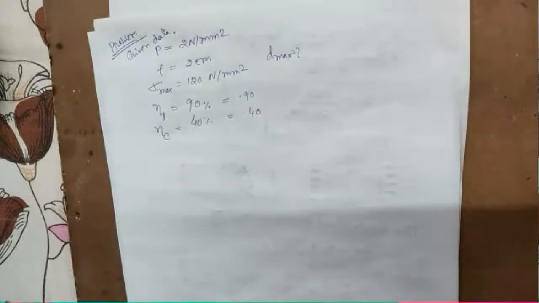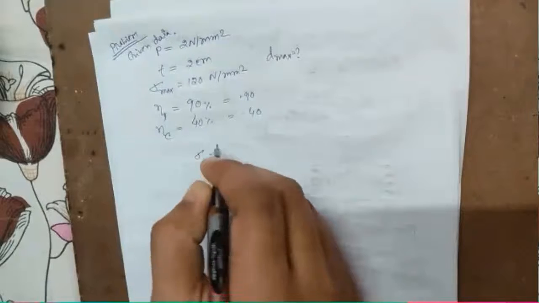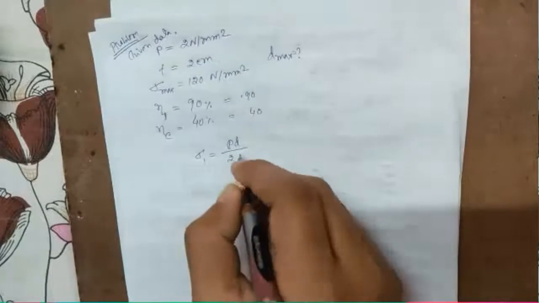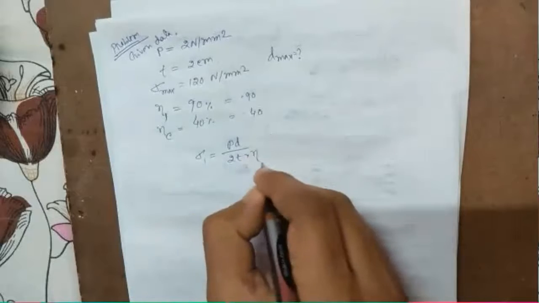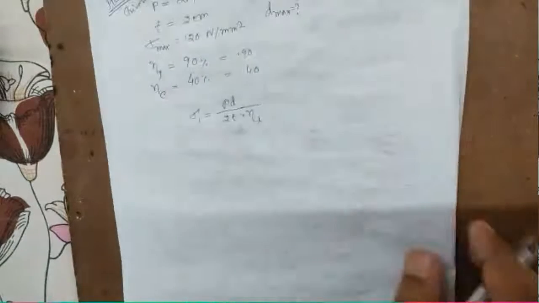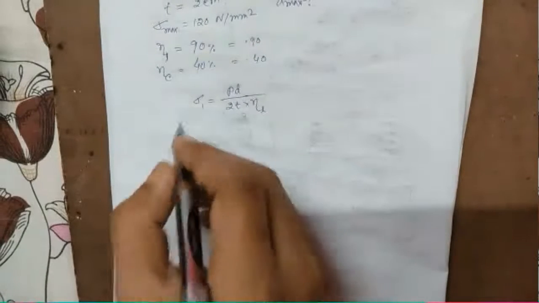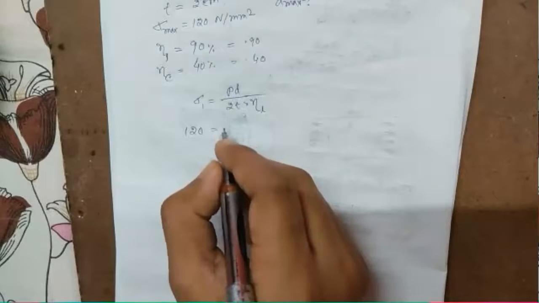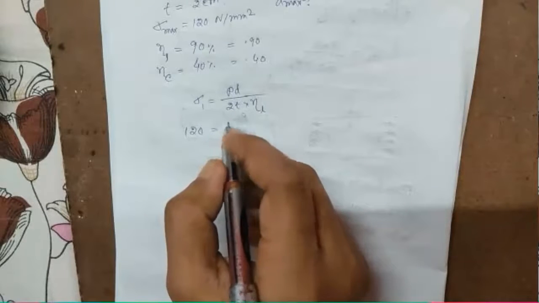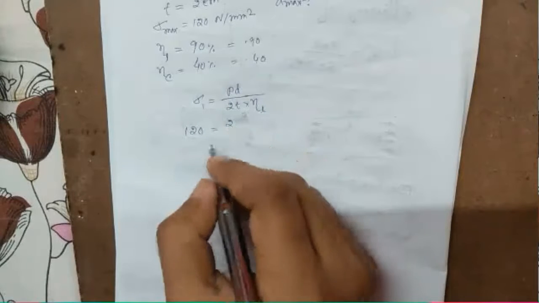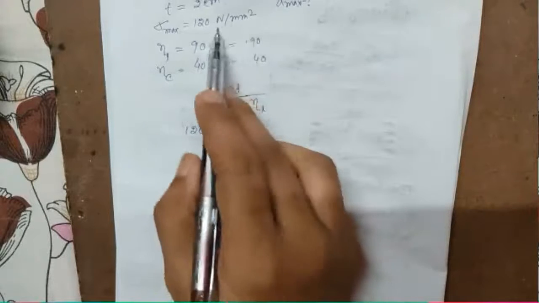So the circumferential stress formula sigma 1 can be written as PD by 2T into eta L, because the longitudinal joint comes into play in case of circumferential stress. If you put the values, sigma 1 should be 120, P value is 2 Newton per millimeter square.